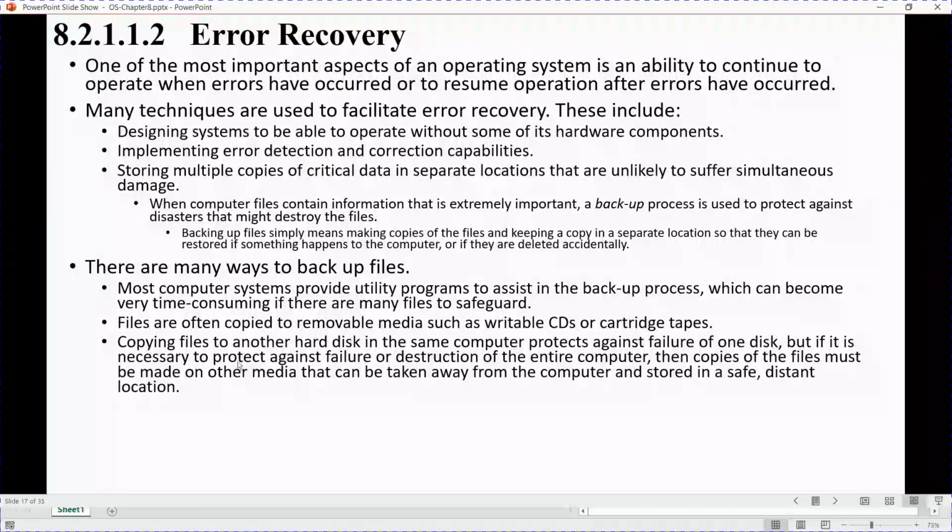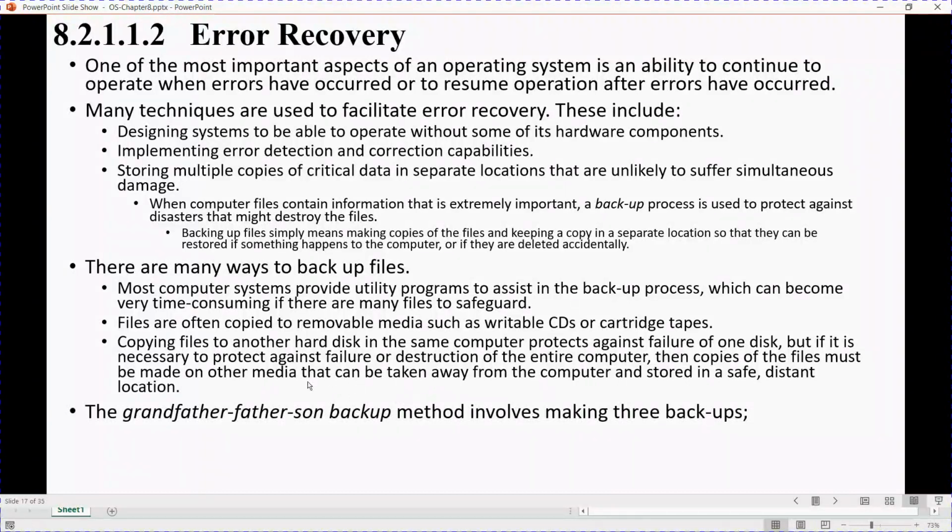You can also copy files to another hard disk, but if the hard disk is on the same computer, you're protected against failure of one disk, but of course, it's possible for the entire computer to be destroyed. So if it's that important, you should have copies of the file on some removable media and stored in some distant location, safe.